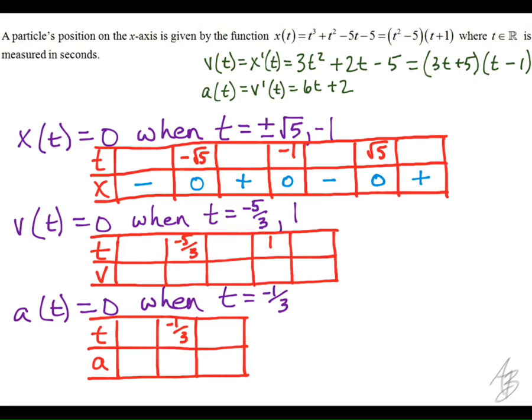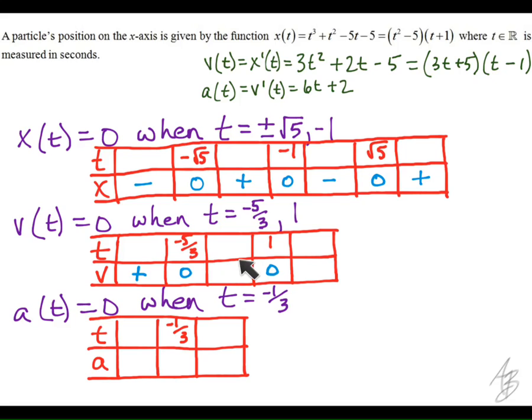Doing the same thing for velocity, we can plug in a negative number into the velocity function. Again, it's easier to do in the factored form. If we plug in a large negative number, we'll get a negative times a negative, which is positive. That tells us our velocity is positive in that region. We do know that the velocity is 0 at negative 5/3 and at 1.